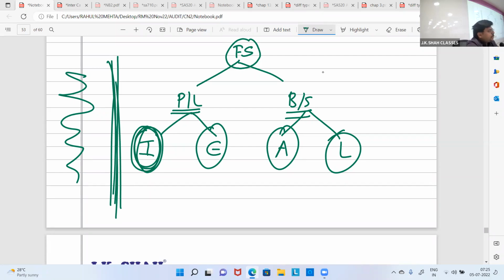Sports club. Tell me income sources: membership. Events, okay. Then food. Canteen, correct.